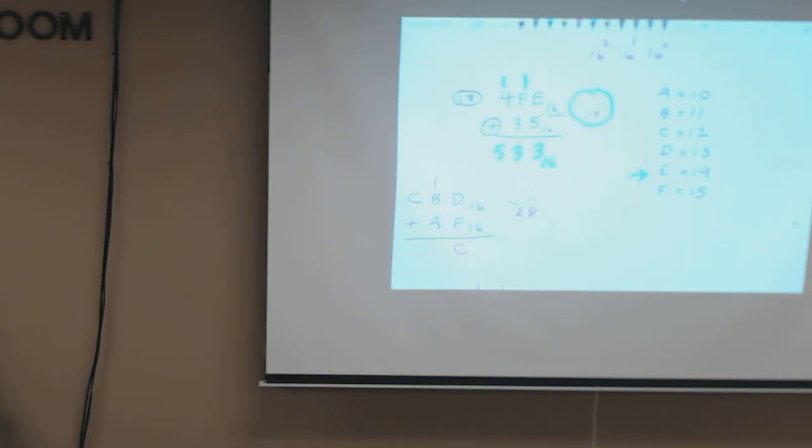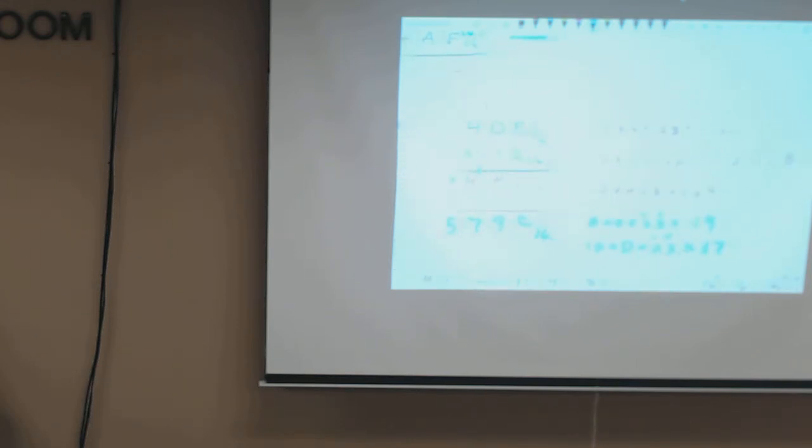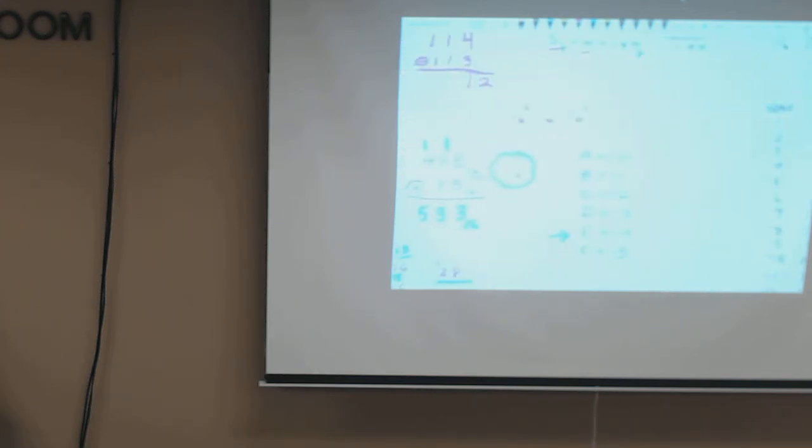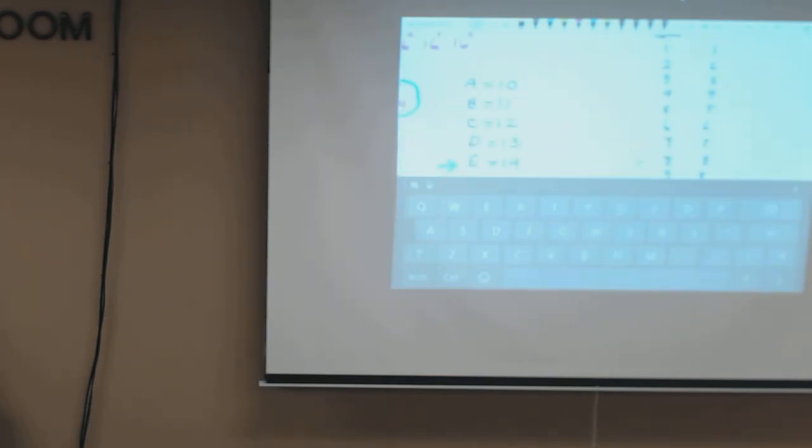So there's the answer to that addition problem. Let's do another one. What's D plus F? What is D? 13. What's F? 15. What's 13 and 15? 28. How do I say 28 in base 16? Well, let's go down here to our little chart we made. What did I say? 28 is 1C. So I come up here, and I'm telling you, this machine, put down a C and carry a 1.